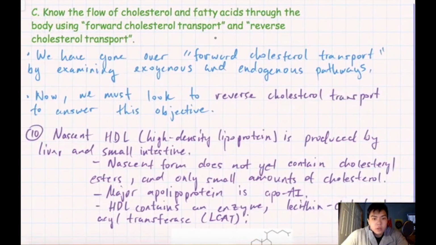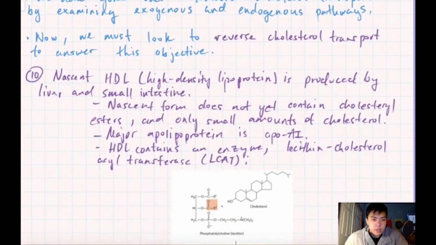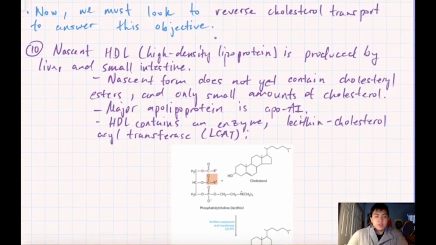Essentially what's going to happen is your liver is going to produce HDL, your high density lipoprotein, and it's going to be in a nascent form, so it's not fully matured yet. This nascent form does not yet contain any cholesterol ester, and has very scant amounts of cholesterol itself.